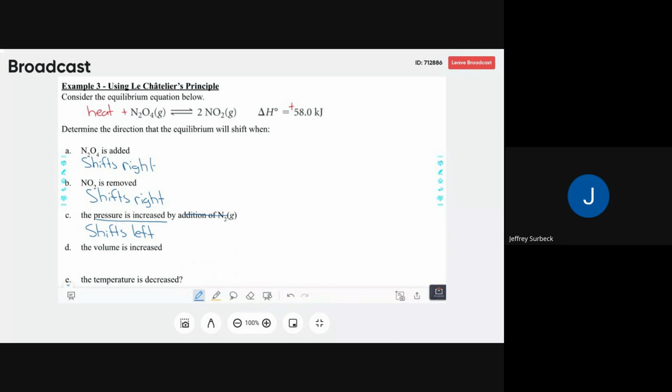I like to add this because they like to throw you for a loop here. Our pressure is going to decrease because of that additional volume. So now pressure decreases, and it shifts to the side with the most moles of gas. What side has the most moles? It shifts right.